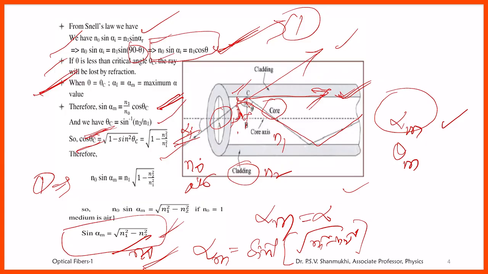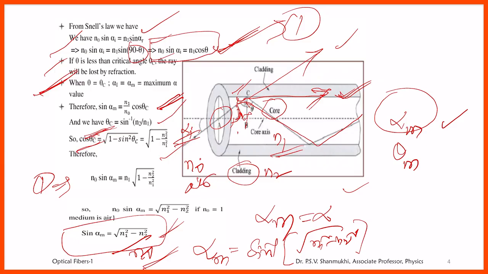Once again, simply what we have to understand here is, the light ray is traveling from the air medium or any medium, making the incident angle alpha i. Here, the refractive index of the air medium or anything is N naught, core refractive index is N1, cladding refractive index is N2, and this light ray is reflected into the same medium at the point C, undergoing TIR, total internal reflection.